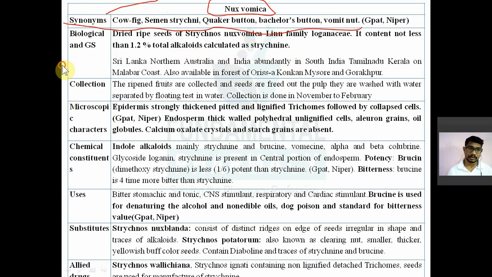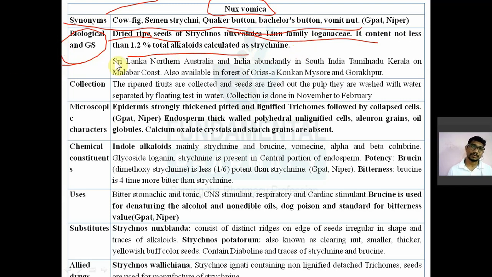Now biological source and geographical source. It consists of dried ripe seeds. Ripe means ripened. Dried ripe seeds of Strychnos Nux-Vomica, family Loganiaceae, and it should contain not less than 1.2% of total alkaloids calculated as strychnine.